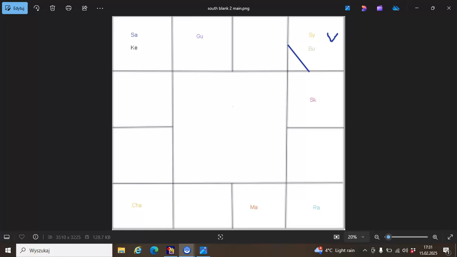What do we know? Quick recap. The sign of Gemini or Mithuna is an odd sign. So the order of our Mandook Dasha will be direct, counting the Mahadashas, the Dasha order clockwise.